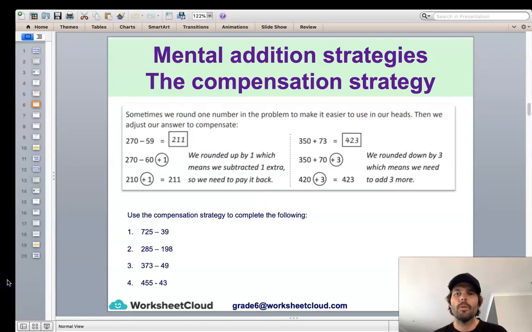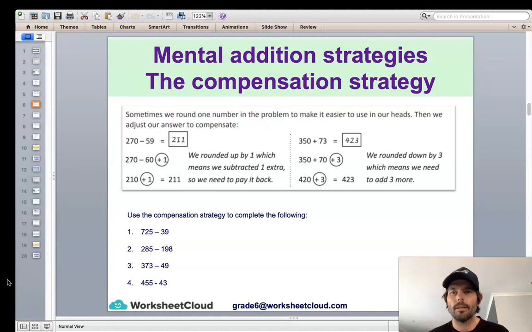But what about when we subtract numbers? Can we do it then? And the answer is yes, we can. So have a look at the examples: 270 minus 59 is equal to 211. Okay, fine. But it's easier for me to say 270 minus 60. So I give that 59 an extra digit, it becomes 60.